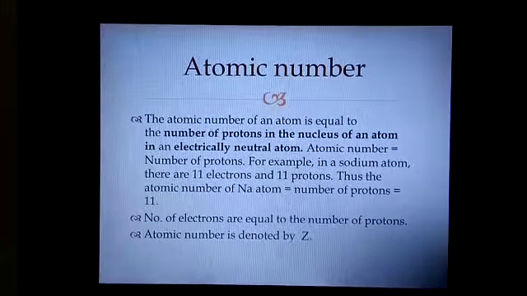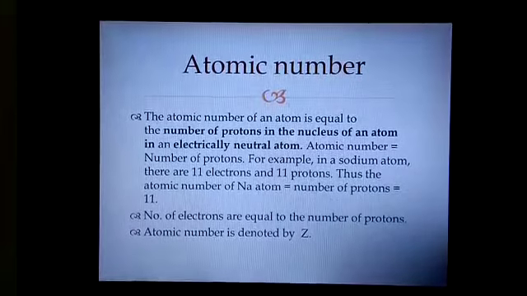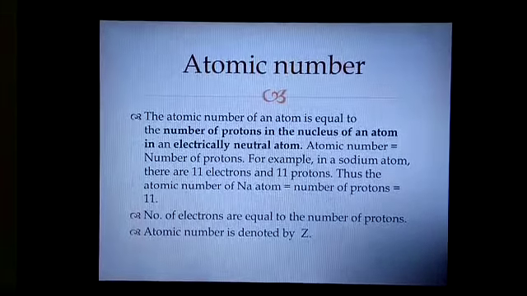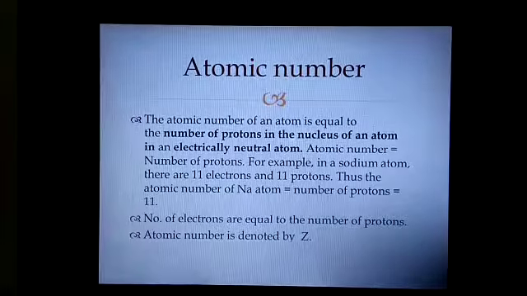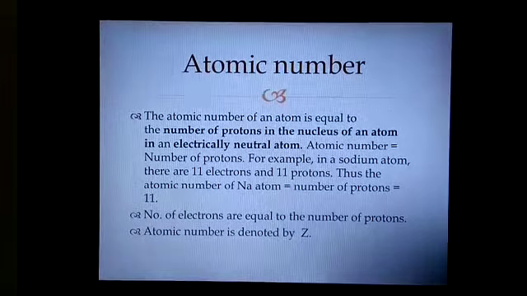The number of electrons is equal to the number of protons. So in a sodium atom, the number of protons is 11, so the number of electrons will also be 11. Atomic number is denoted as Z.